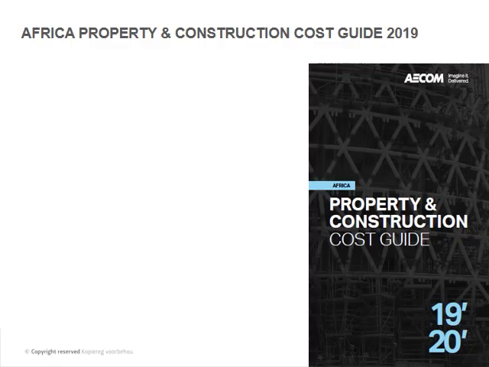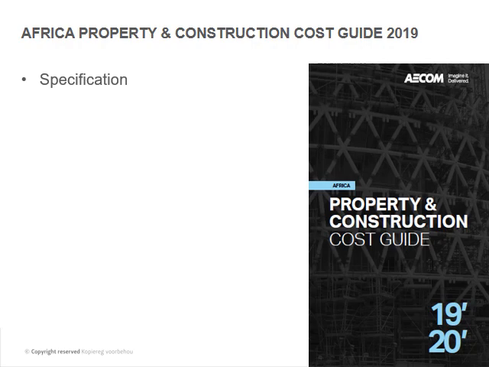Okay, so the first set of examples in your appendix, you will see it is the property and construction guide. Just note it's the old one, the bluish cover that you will see, and not this black one, but it's exactly the same item. I'm not going to go through all of this, just this introduction. Make sure that you do understand it.